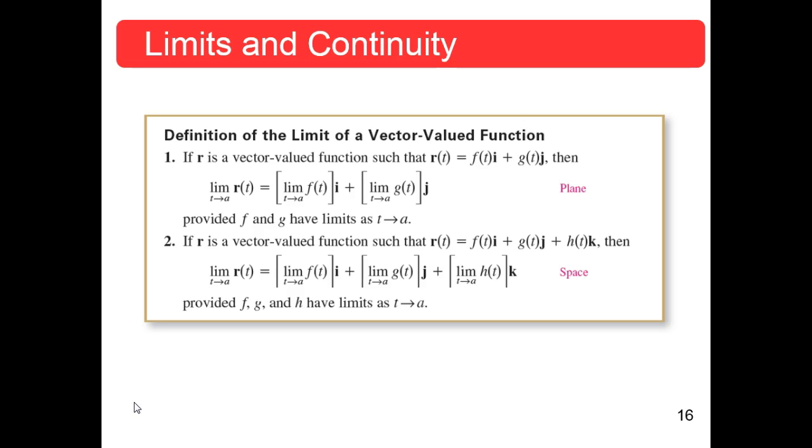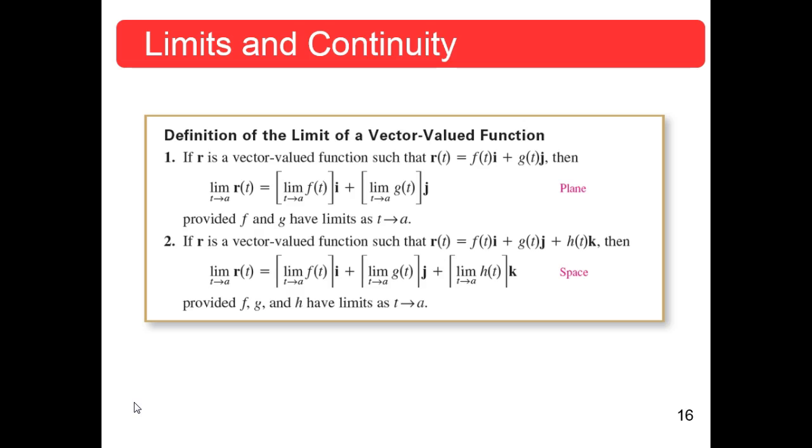If it's a vector valued function such that r of t is f of t i plus g of t j plus h of t k, then the limit as t approaches a of r of t would be the limit as t approaches a of f of t i, g of t j, h of t k, provided those limits exist. If each of those exists, then the limit of the function exists as t approaches a. So it's a pretty straightforward thing. Basically, you plug it in, plug it in.